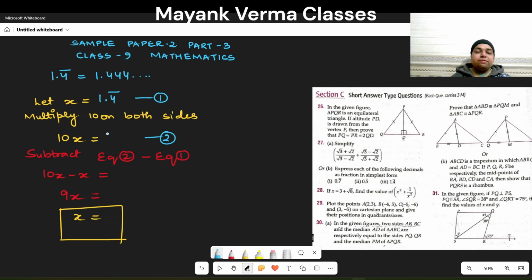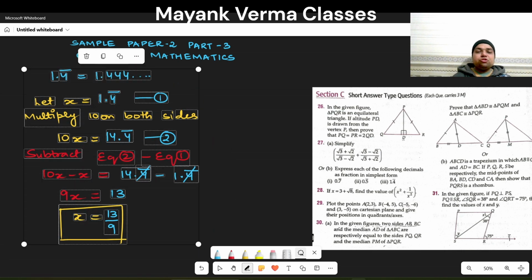So that means it will become 14.4 bar. When I subtract these two, I will get 14.4 bar minus 1.4 bar. So this 4 bar gets cancelled out, but 14 minus 1 will become 13. So answer will be 13 by 9. Okay, so by this way we will be able to solve all the questions.